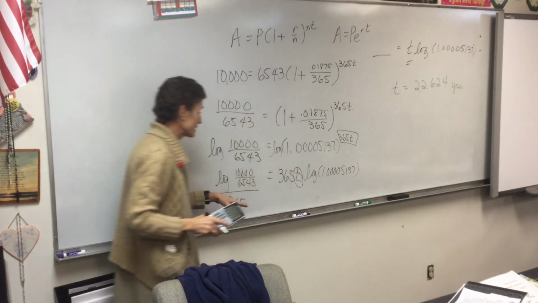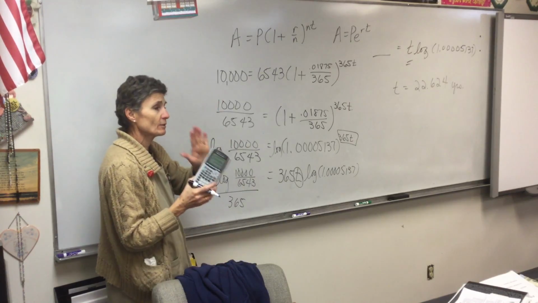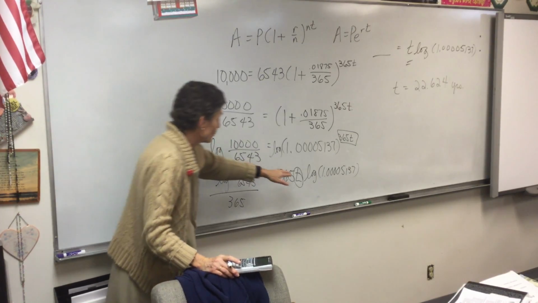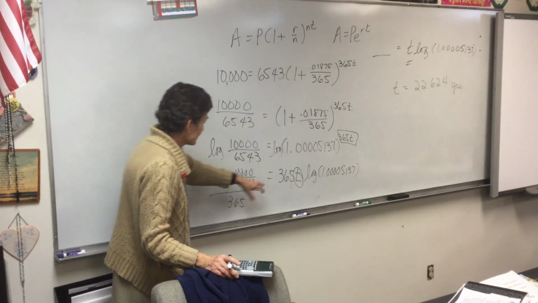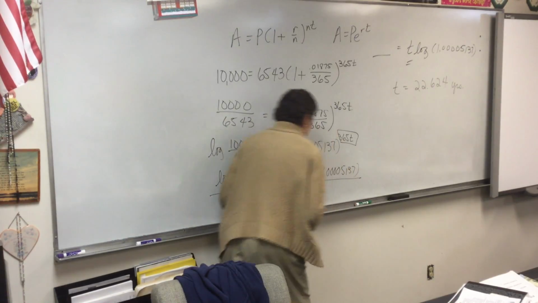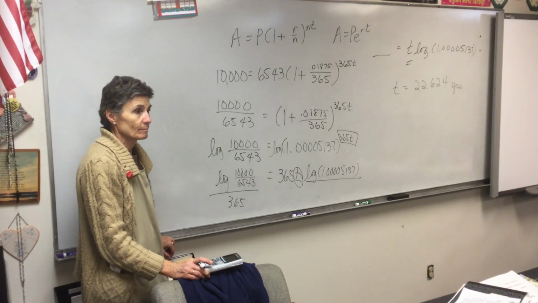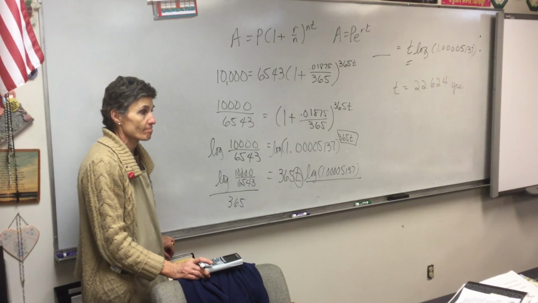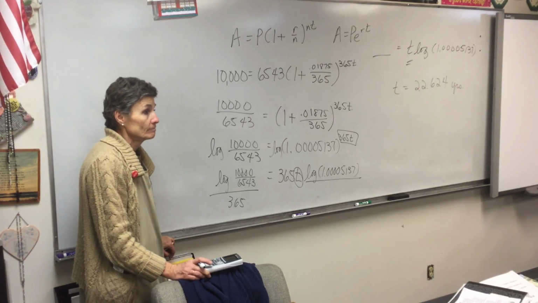I can tell by the look on some of your faces, you're getting all bogged down by the numbers. Don't. Your calculator's doing all the work. You want to get this t by itself. Take this number, divide it by 365, and divide it by this. And that will get t all by itself. Anybody else get 22 years? Thank you, Paul.